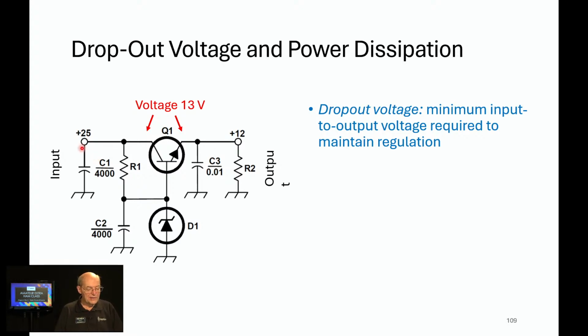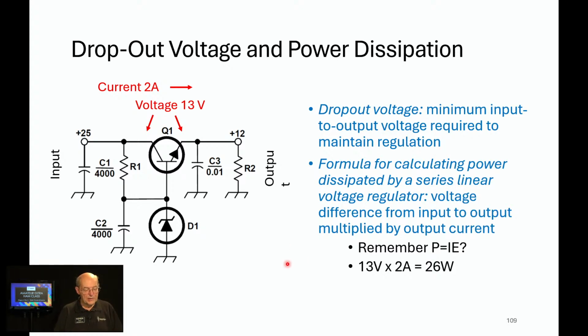If the power supply voltage keeps getting lower and lower, eventually this is not going to be able to pass the voltage that we need. So the definition of dropout voltage is we have to maintain something that's higher on this side than what we're putting out, and when we no longer can do that, that's when the circuit drops out. Minimum input to output voltage required to maintain regulation, or maintain the 13.8.